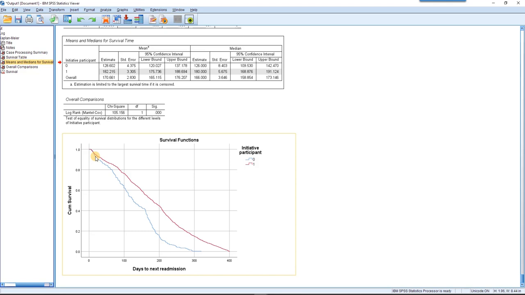Just by looking at the red and blue line here, the red line signifying people who did participate and the blue line indicating non-participation in the Healthy Hearts Initiative, so long as the red line is consistently above the blue line, we can say that at any point in time, the patients that participated in the Healthy Hearts Initiative had a longer or extended time to readmission than patients who did not participate in the Healthy Hearts Initiative here.